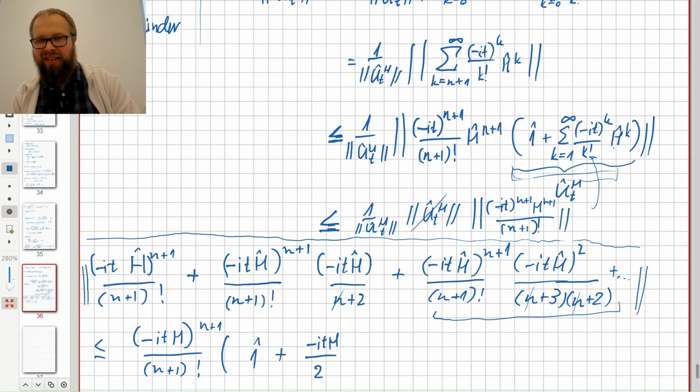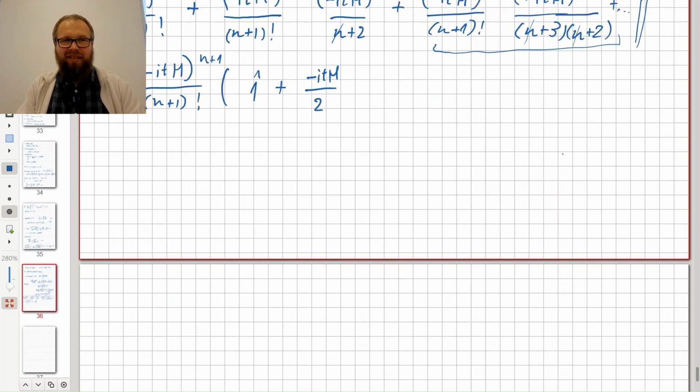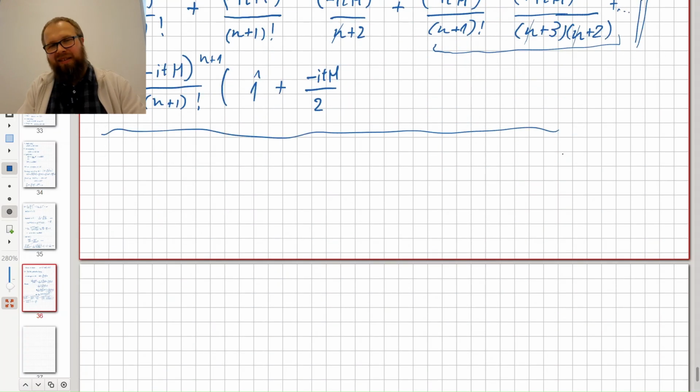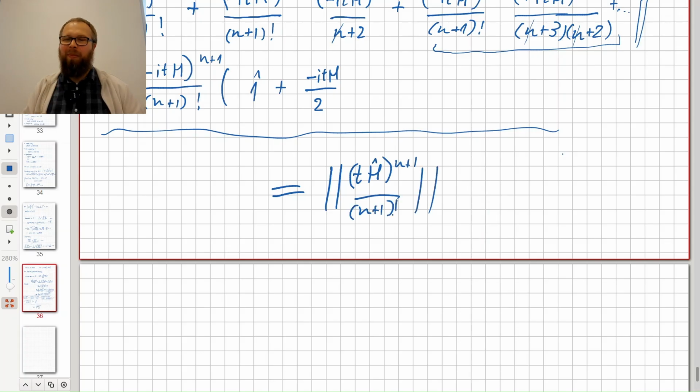And this will cancel nicely, and we get our remainder. So our remainder is (th)^(n+1) divided by (n+1) factorial. So this is the bound for error, cured by doing the approximation.